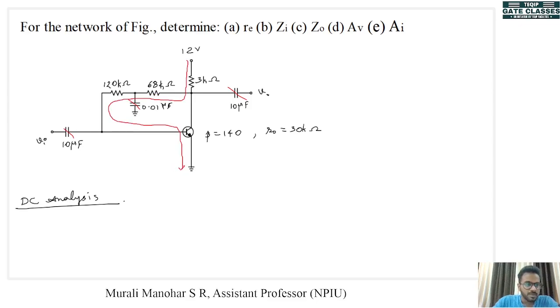Now in this loop, IC plus IB flow here, and IB flows through this because the capacitor is open. So IB flows in these two resistors.